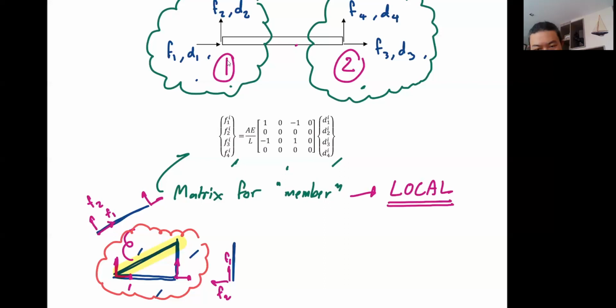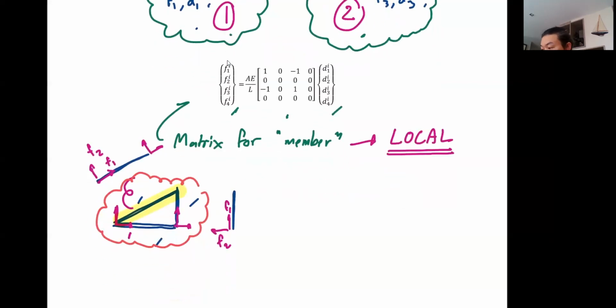The system that can help us transform this into what we call the XY system of the entire structure. Okay, you now can see that you have this member where its system is F1, F2 in its own local axis. But this is not going to work because this is the axis of the entire truss. So we need to find a way to bring this system into the system of the whole structure. And this too must be brought into this.